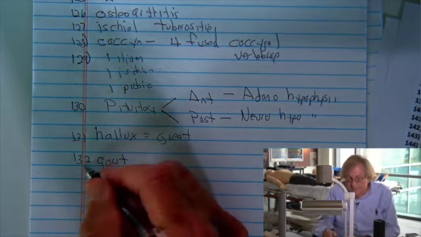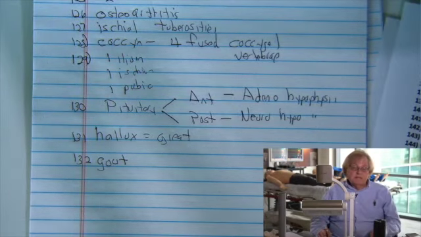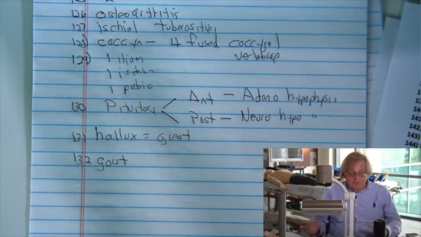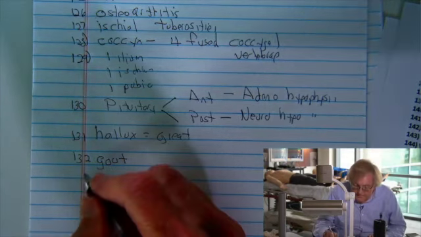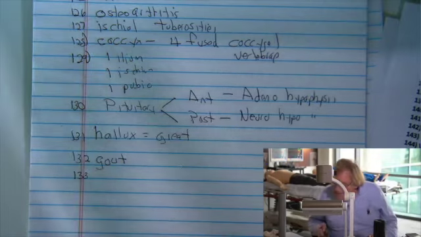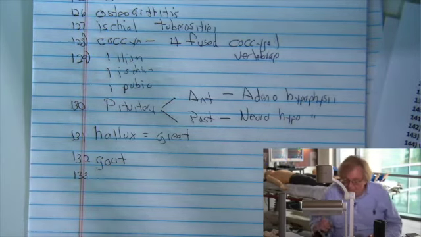The way to treat it is actually colchicine, and then colchicine with allopurinol. Colchicine will be the immediate way to treat it, and allopurinol you would take as a drug to control the gout or the gouty arthritis. 133 is away from the midline.